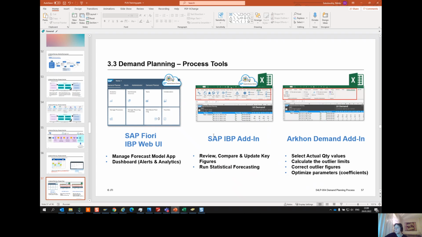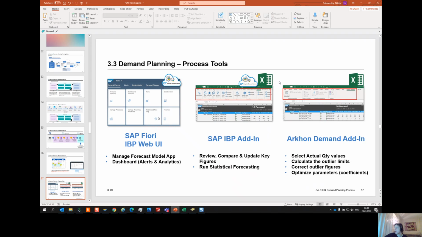Usually we receive incidents for the second tool, SAP IBP add-in, because most demand planners work in the add-in. Here they review, compare, and update key figures, and also run statistical forecasting.